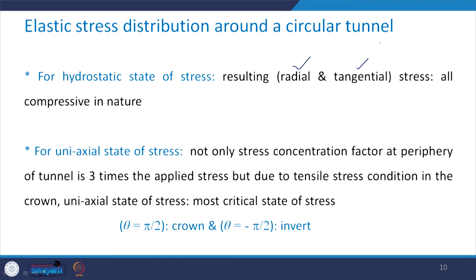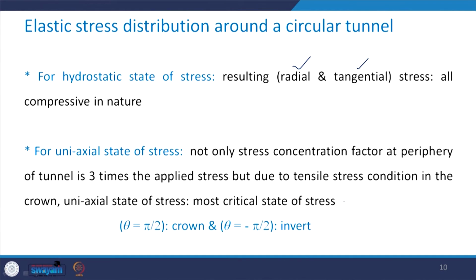But in case of the uniaxial state of stress, it is not only that the stress concentration factor at the periphery of the tunnel is 3 times the applied stress, but also due to the tensile stress condition in the crown portion of the tunnel, this uniaxial state of stress becomes the most critical state of stress.